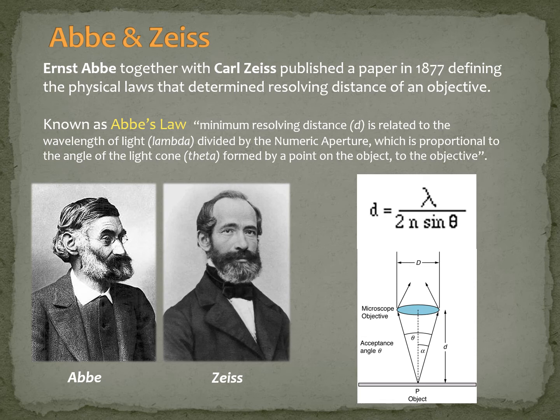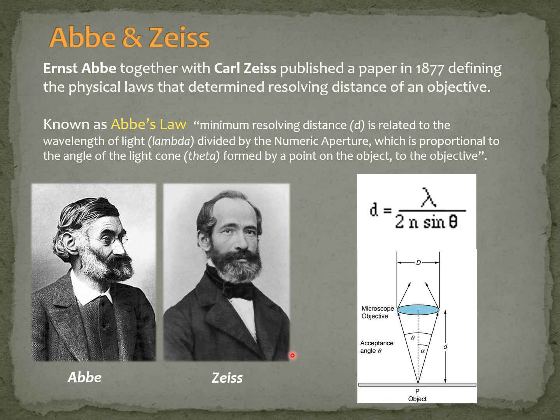So resolving two points is what's the minimal distance between two objects, that when I'm observing them on a microscope, I can distinguish them as two different objects.